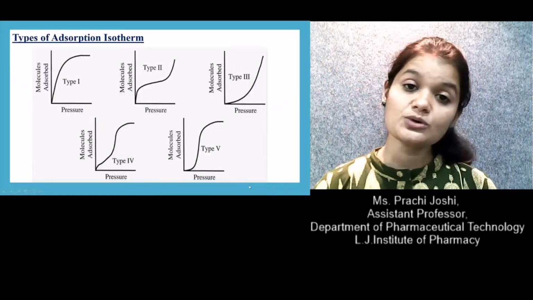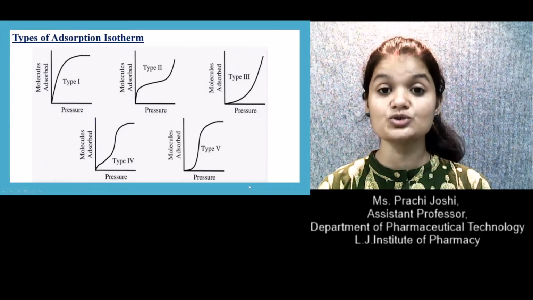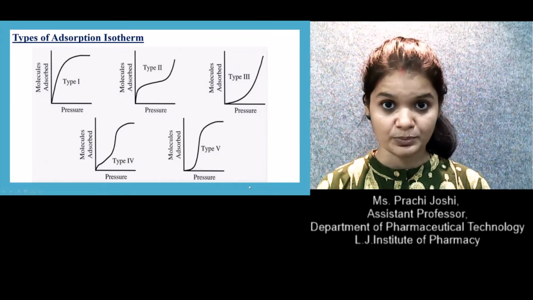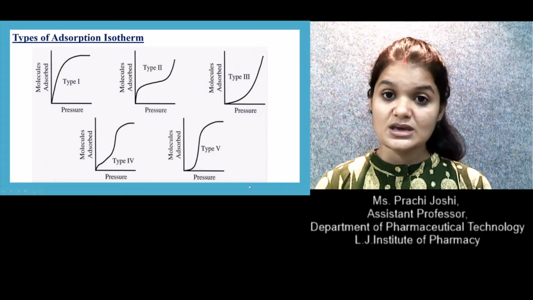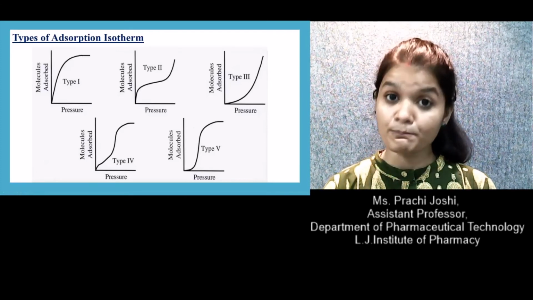According to this, there are certain types of adsorption isotherm which you need to understand. There are 5 types of different adsorption curves. The first 3 are for non-porous and the last 2 are for porous material.